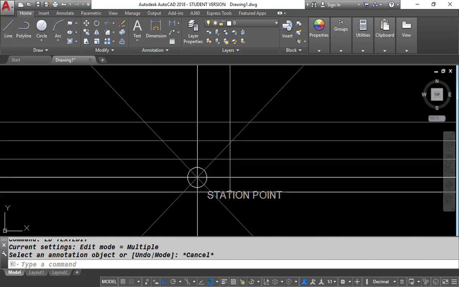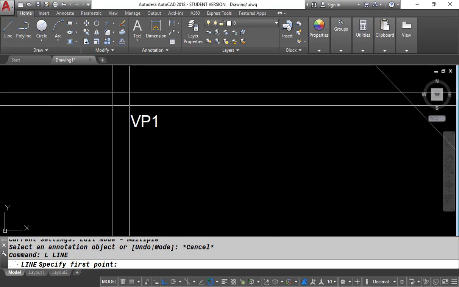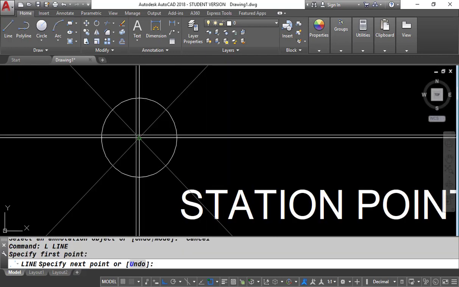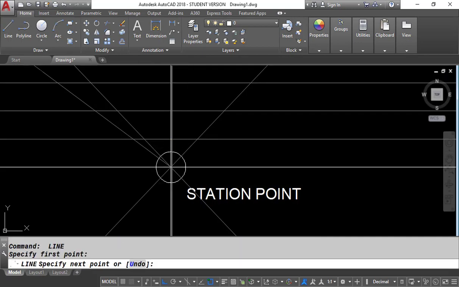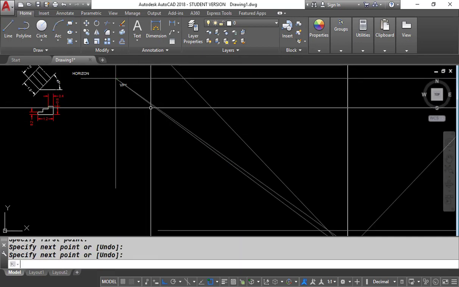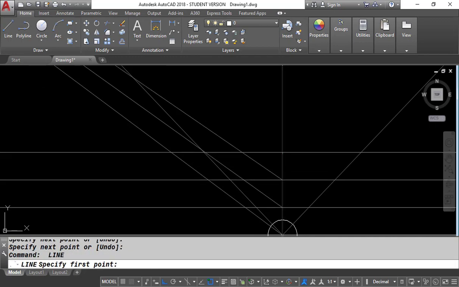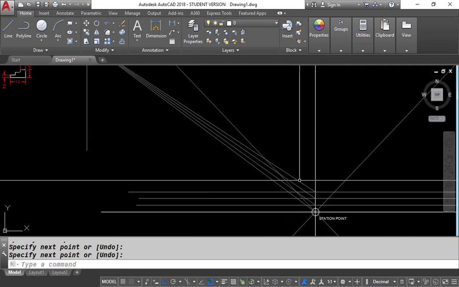Now you have to connect this vanishing point to all these points. So the first, second point is this one, and the third point is this one. So all these 4 points should be connected.